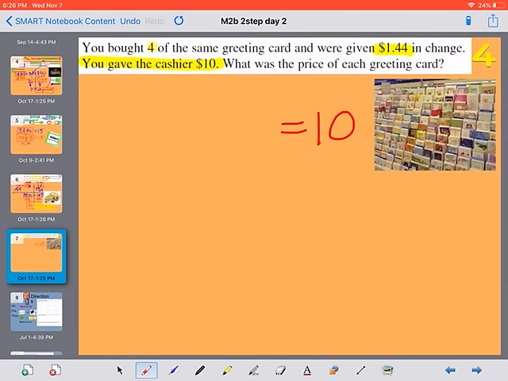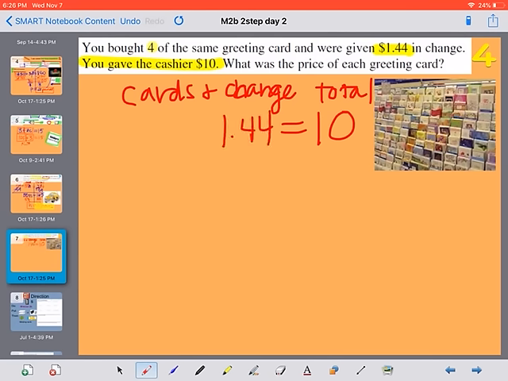Part of that $10, we bought cards and we got some change. That should add up to our total of 10. Our change, we got $1.44 back, plus we spent some money on the cards. So both of those things total should have added up to $10.